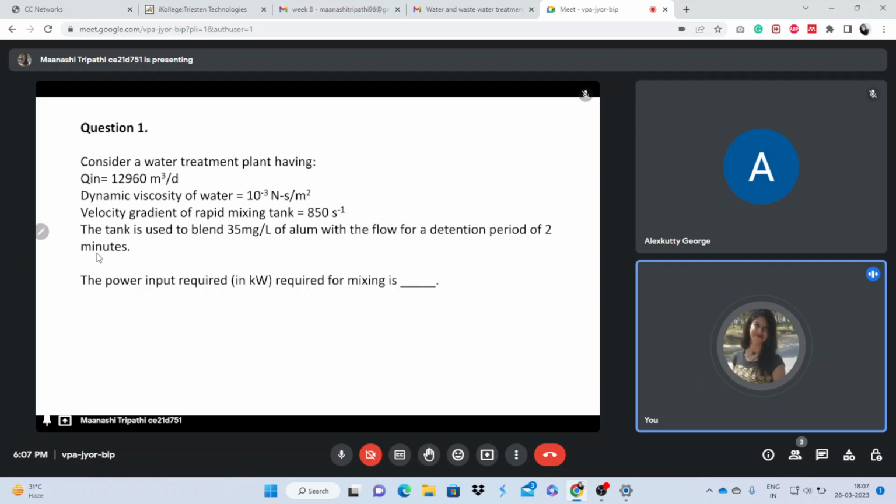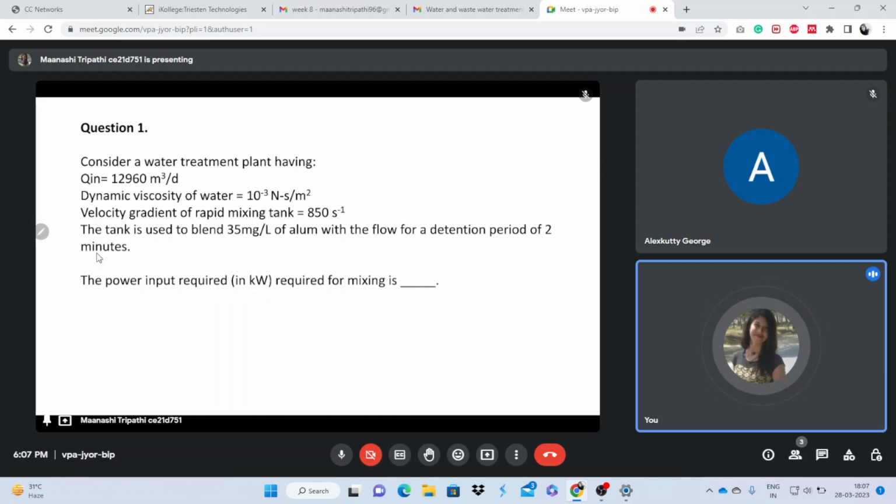Consider a water treatment plant having Q in, meaning a water treatment plant getting the influent discharge as 12960 meter cube per day. We have the dynamic viscosity of water. There is a difference between kinematic viscosity and dynamic viscosity. We should be well aware of that.